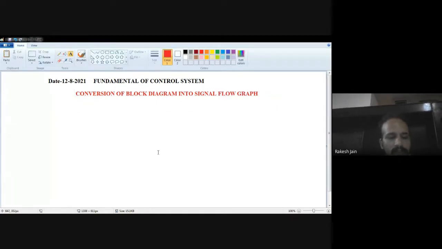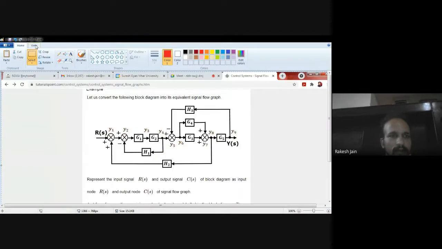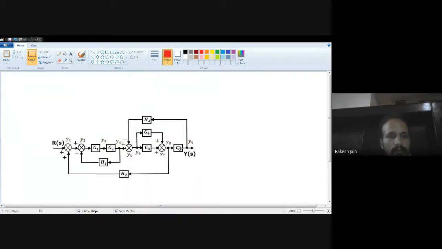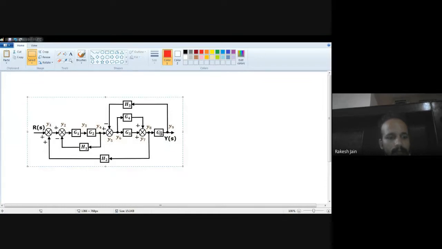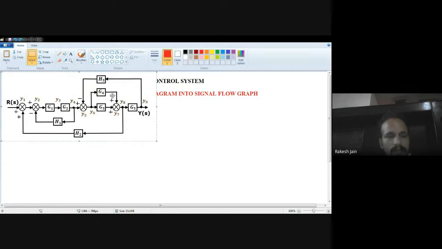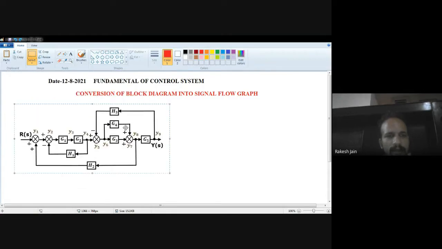First of all, let's see this question. Suppose we have a block diagram shown in front of you on this MS Paint file, in which the input is R(s) and the output is Y(s). We have to find the transfer function.